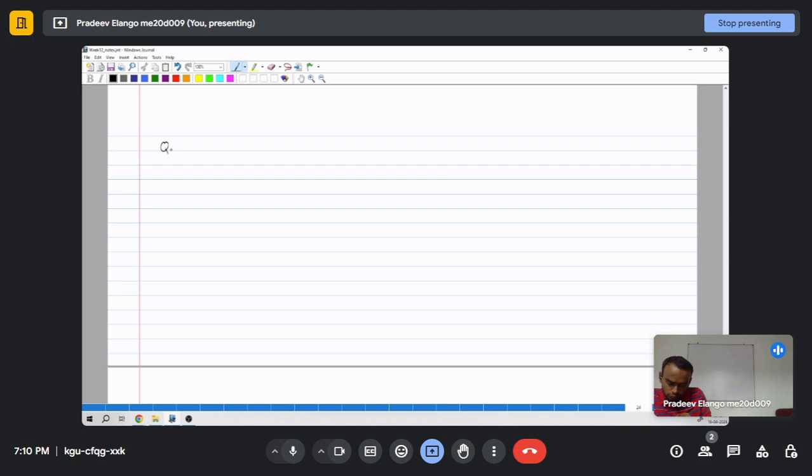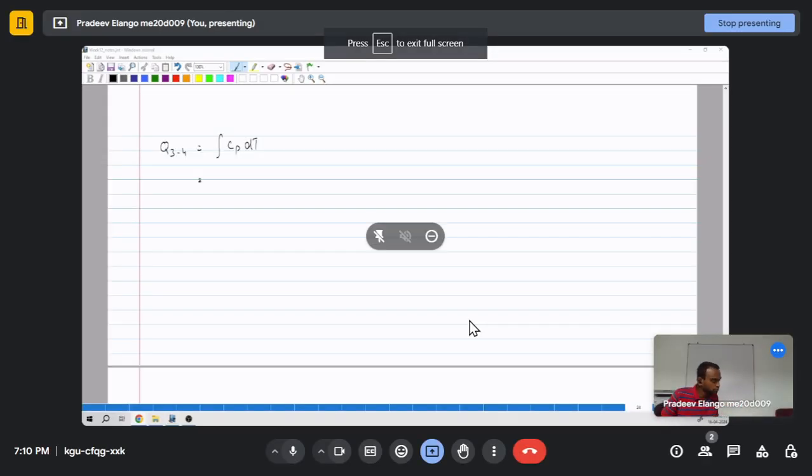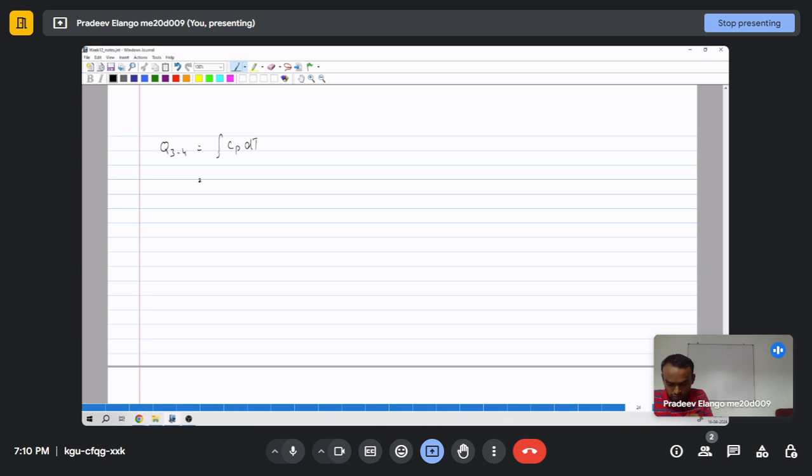Next we have Q3-4, that is the integral of Cp dT, between 3 and 4.